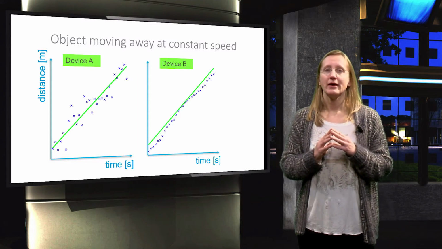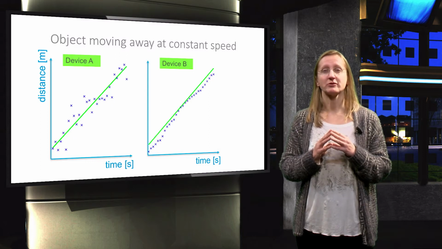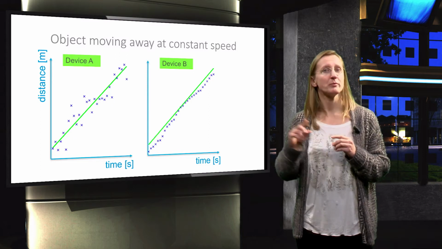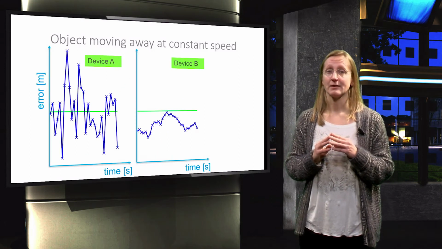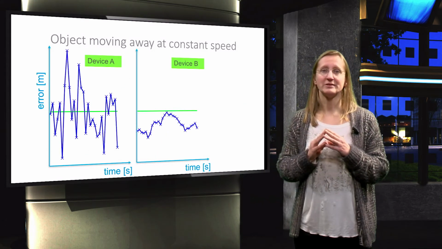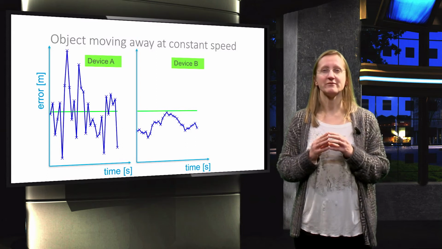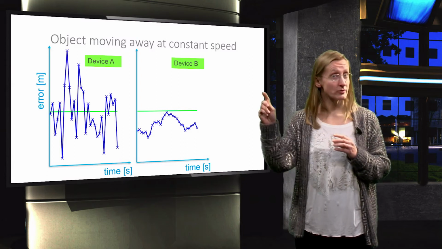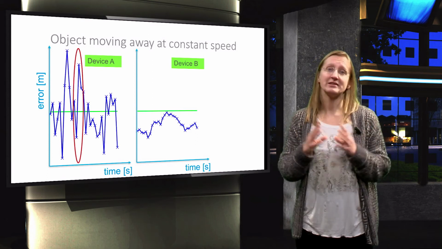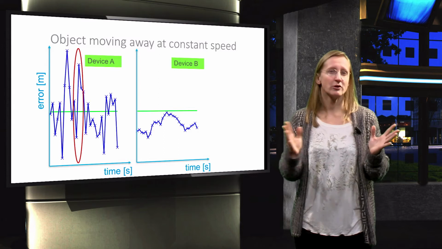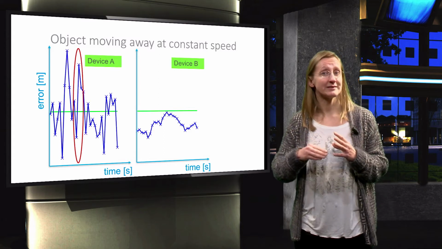However, if we make a closer inspection of the corresponding random errors with both devices, something strange can be seen. On the left-hand side, we see that subsequent errors with device A can take arbitrary sign and size within a certain range, and the preceding value of the error does not tell you anything about what can be expected in the next epoch.